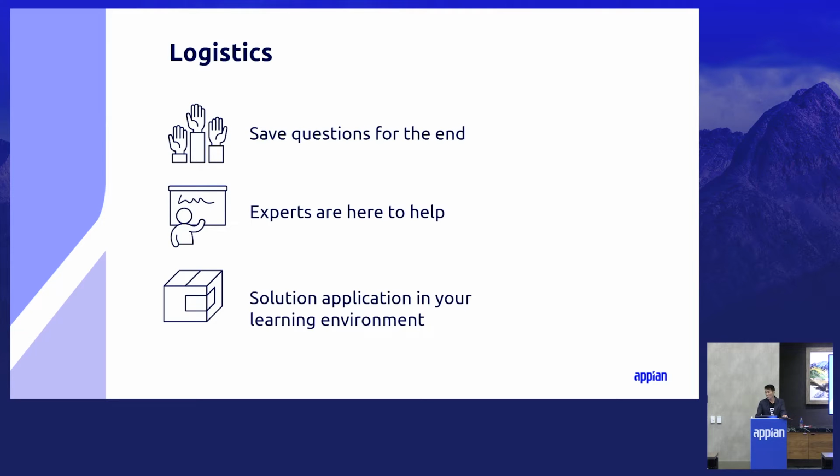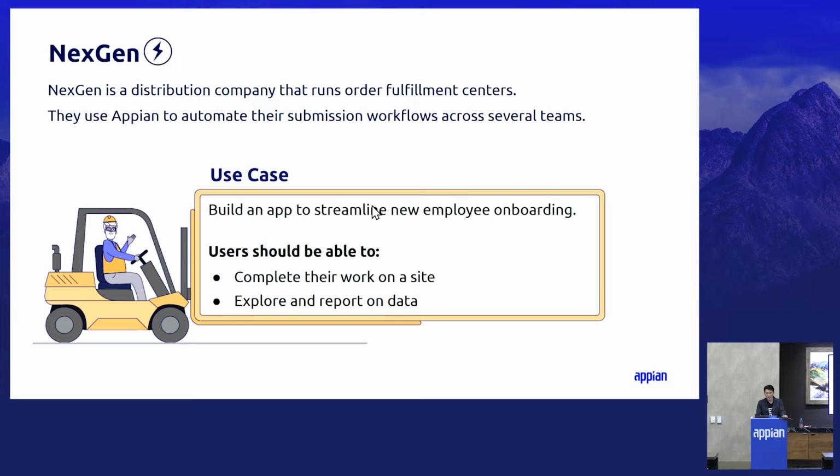Now, if this is the first time here, let me introduce the use case again. We are using a fictitious company called NextGen. NextGen is a distribution company that runs fulfillment centers.